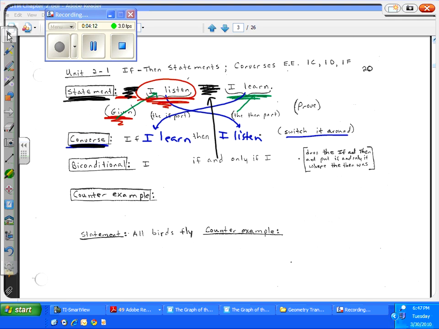So we would say, I listen if and only if I learn. So again, we dropped the if and the then, and we put if and only if where the then was. Okay?